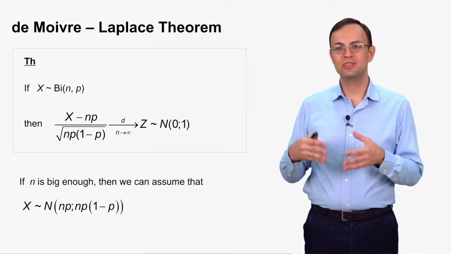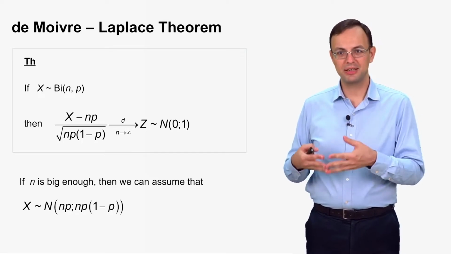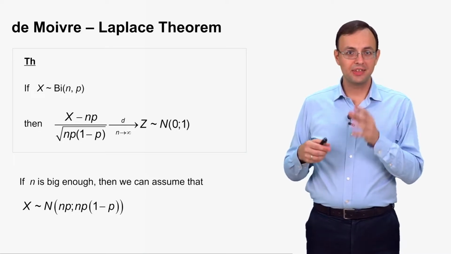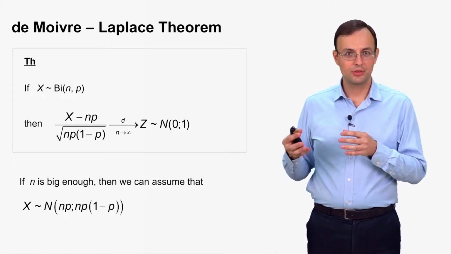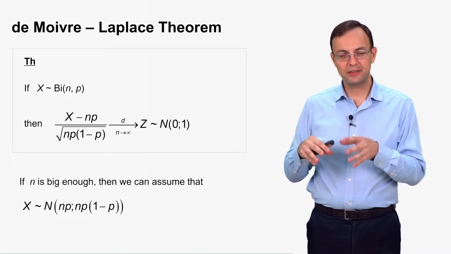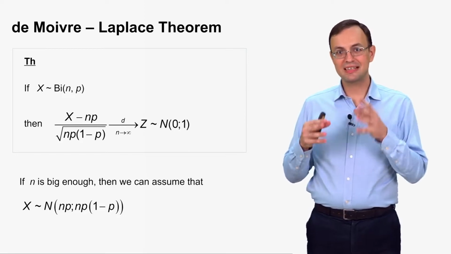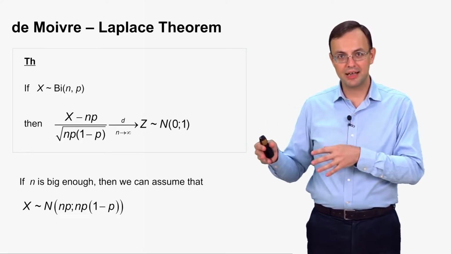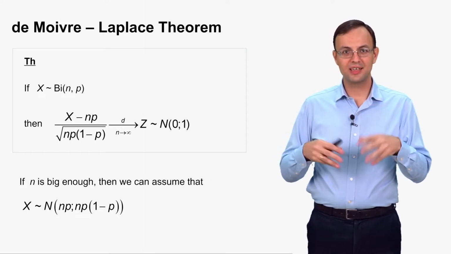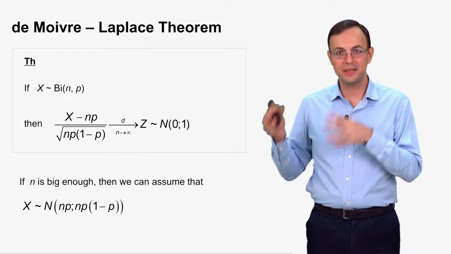But what is the physical meaning of X if X has the binomial distribution? X is the number of successes in a series of Bernoulli trials. So if X has the binomial distribution with parameters n and p, that means that X is the number of successes in a series of Bernoulli trials, with the number of trials equal to n and the probability of success in each single trial equal to p.